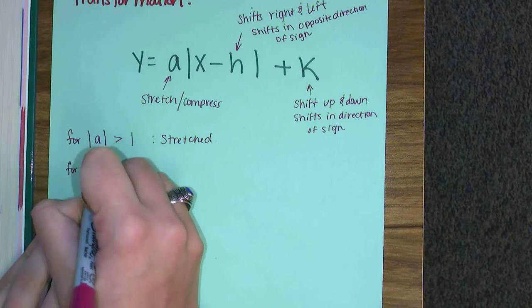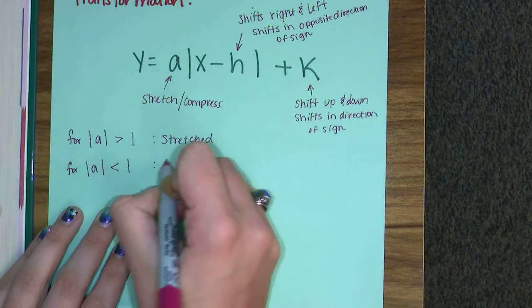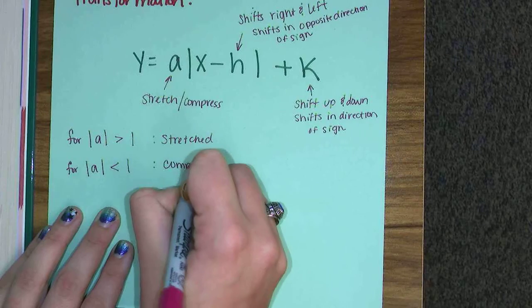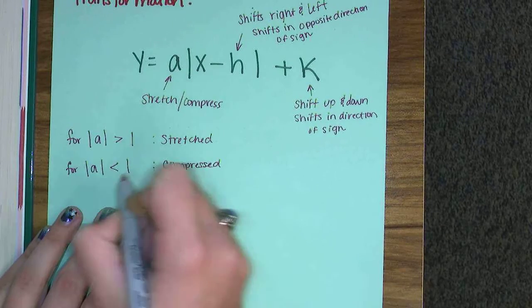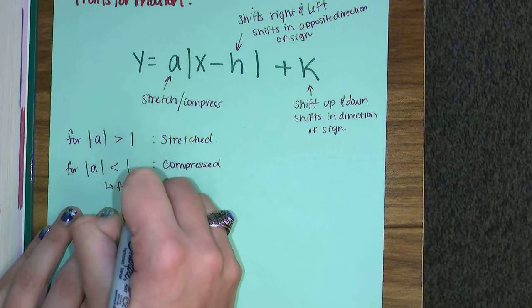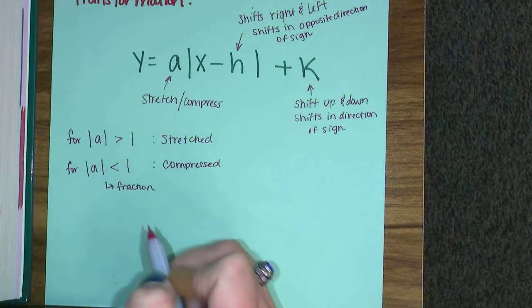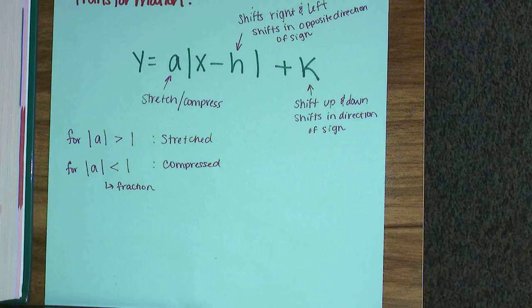For A less than 1, it is compressed. Okay, so if A is a fraction, it's compressed always. Okay, some people say shrunk. I want you to say stretched or compressed, just so that we're clear on that.